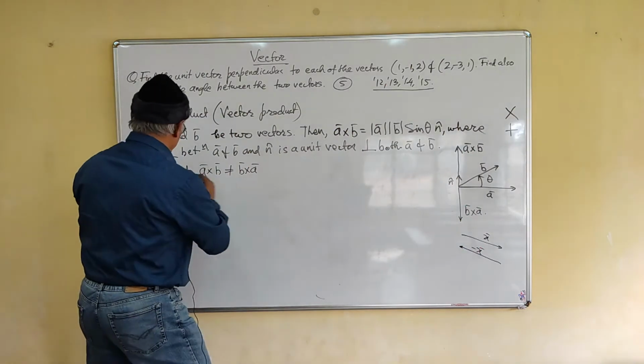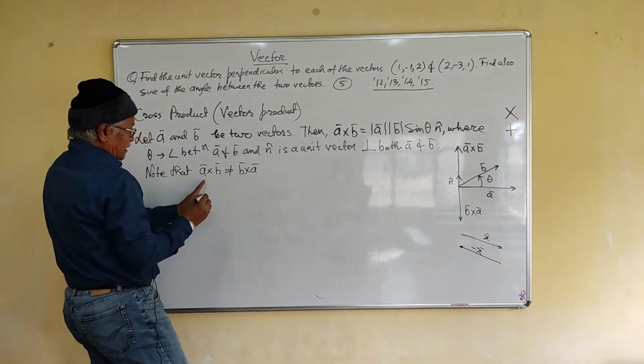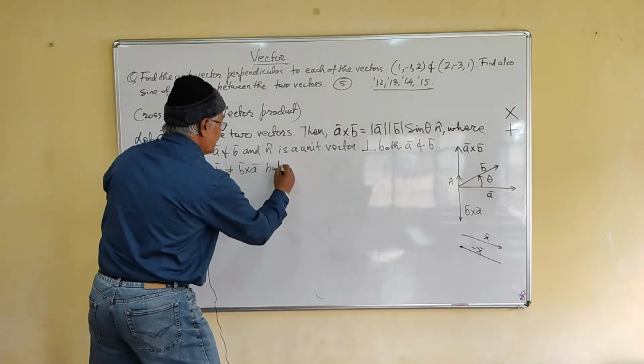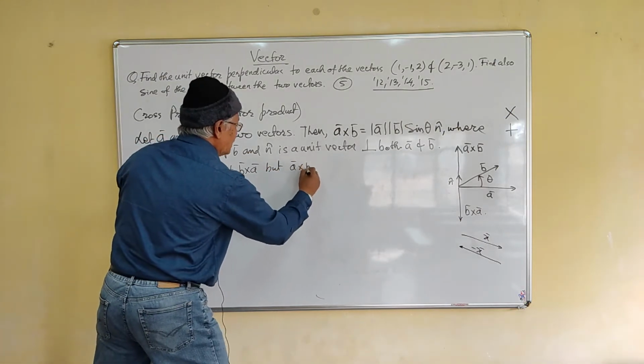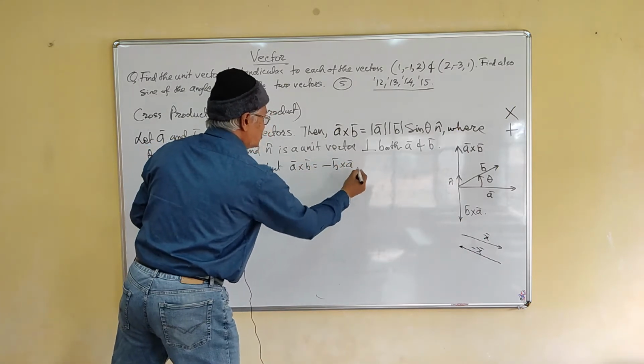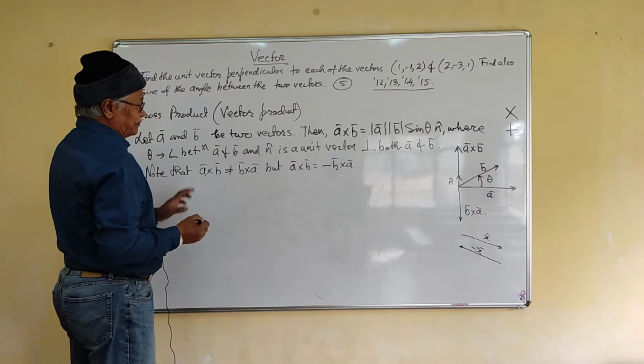So we note that A cross B is not equal to B cross A, but A cross B is equal to minus B cross A. This is to be noted down.